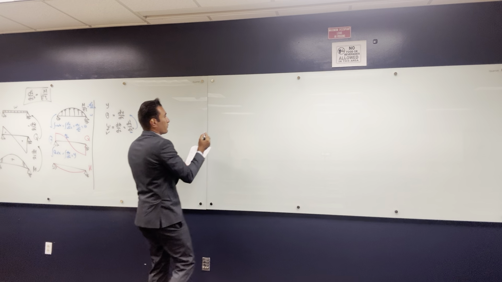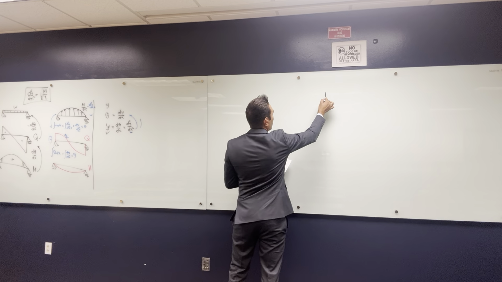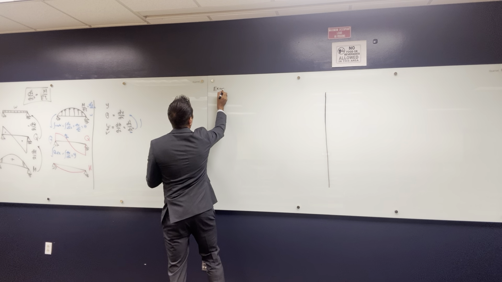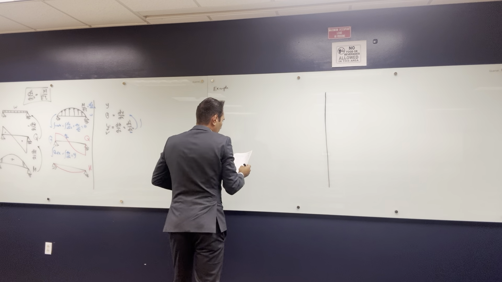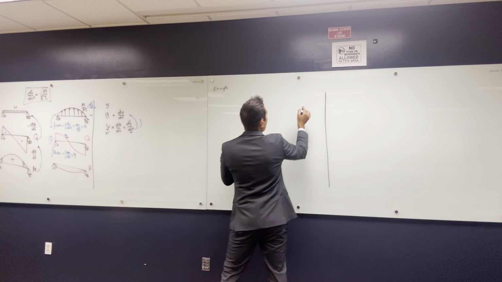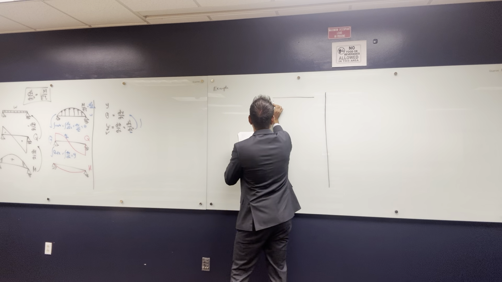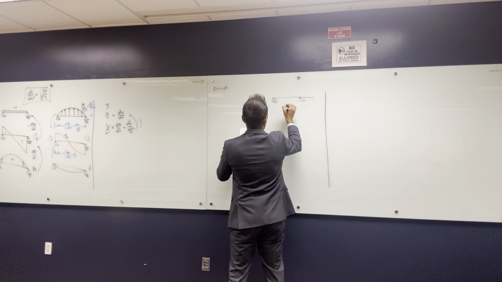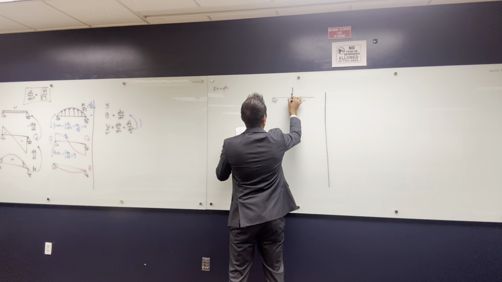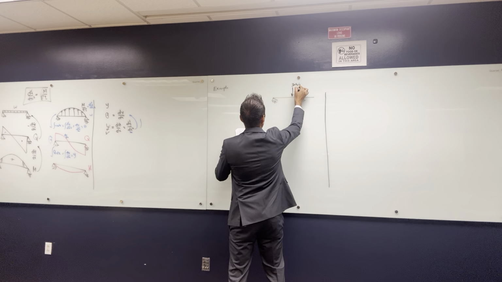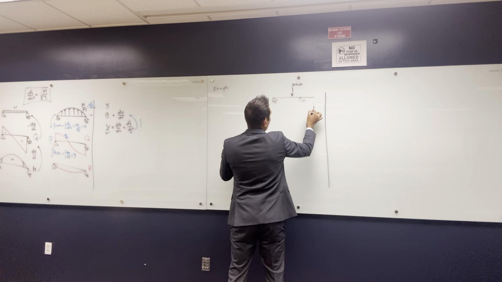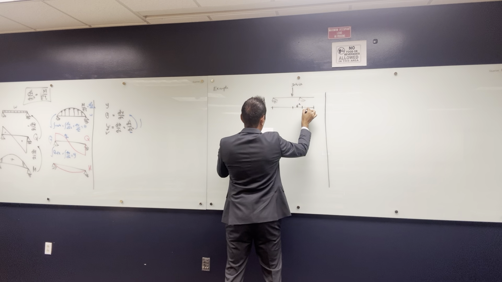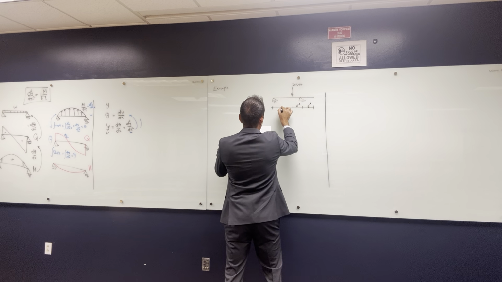give you an example. In this example, I'm going to put here a roller, I'm going to put here a hinge, and I'm going to put a load of 30 kips. And the distances are 6 foot, and here's 6 foot, and this is 12 foot.